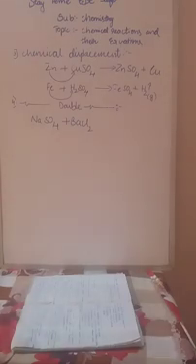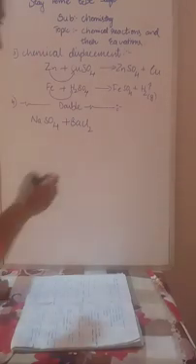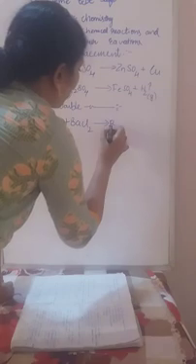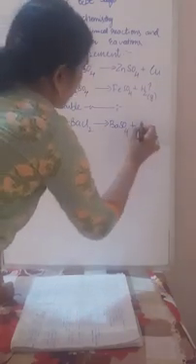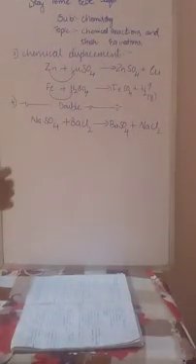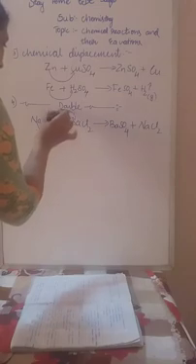Sodium sulfate reacts with barium chloride and forms barium sulfate plus sodium chloride. Here you can observe that sodium comes to the place of barium. So this becomes sodium chloride, NaCl, and this barium comes to the place of sodium and becomes barium sulfate.